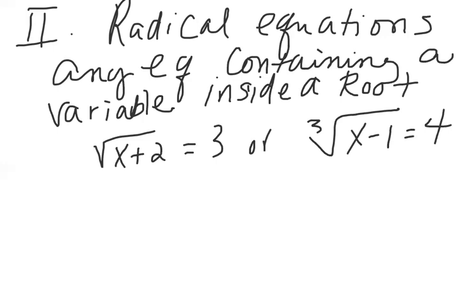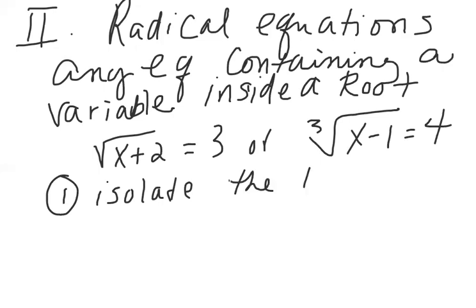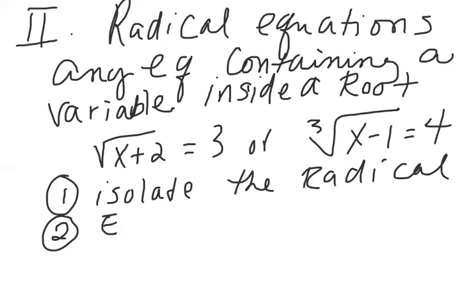Now, on this one right here, to solve these radical equations, the first step is to isolate the radical. Get the radical by itself. Once you have the radical isolated, your next step is to eliminate the radical.